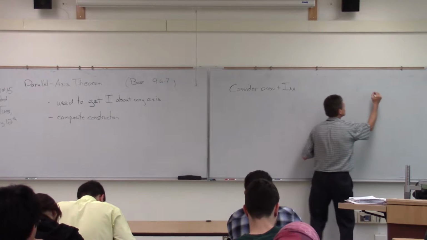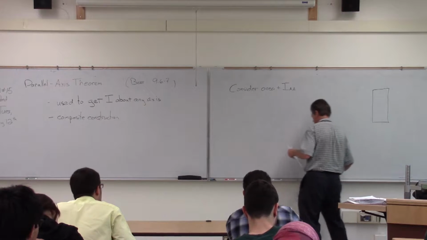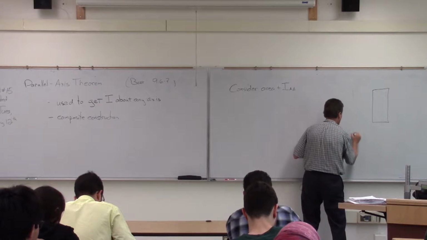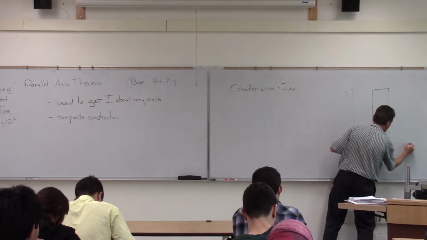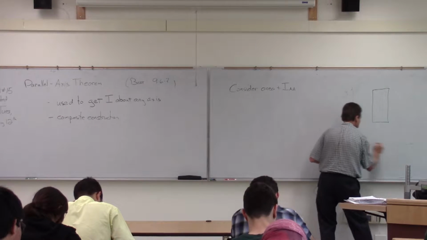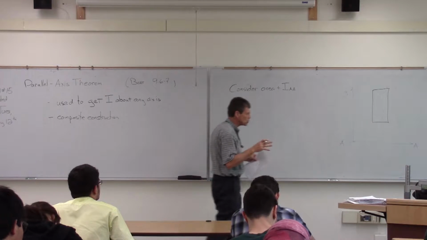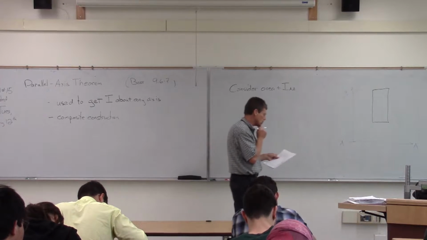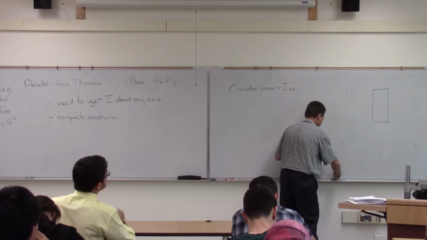So what we're going to do is look at a piece, and we'll just start off with a rectangle, pretty straightforward. And what we're going to want to do is look at this section, and we're going to take it down to this line AA, and we're going to want to create a moment of inertia about that line AA.